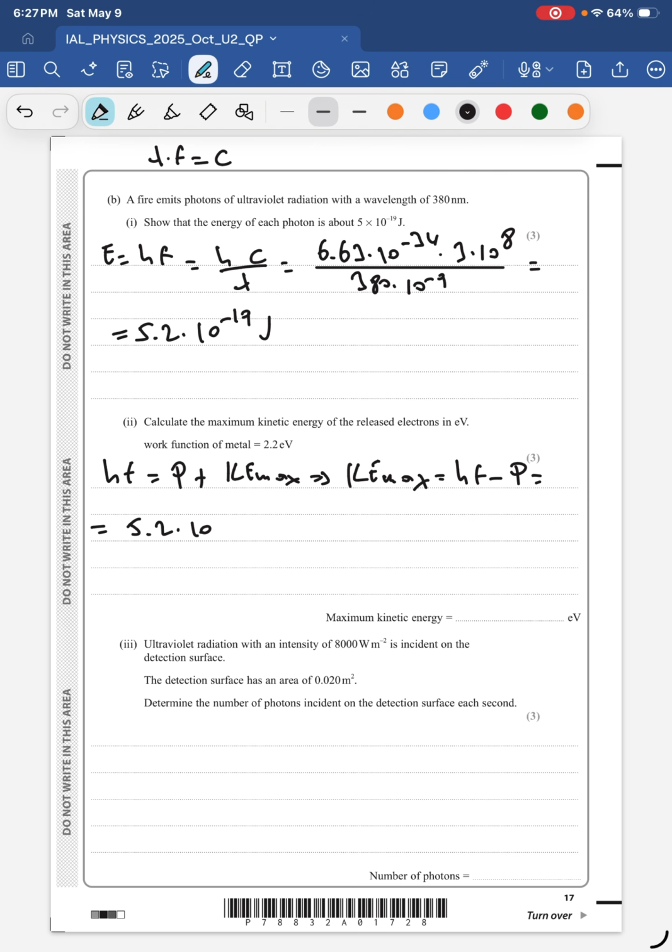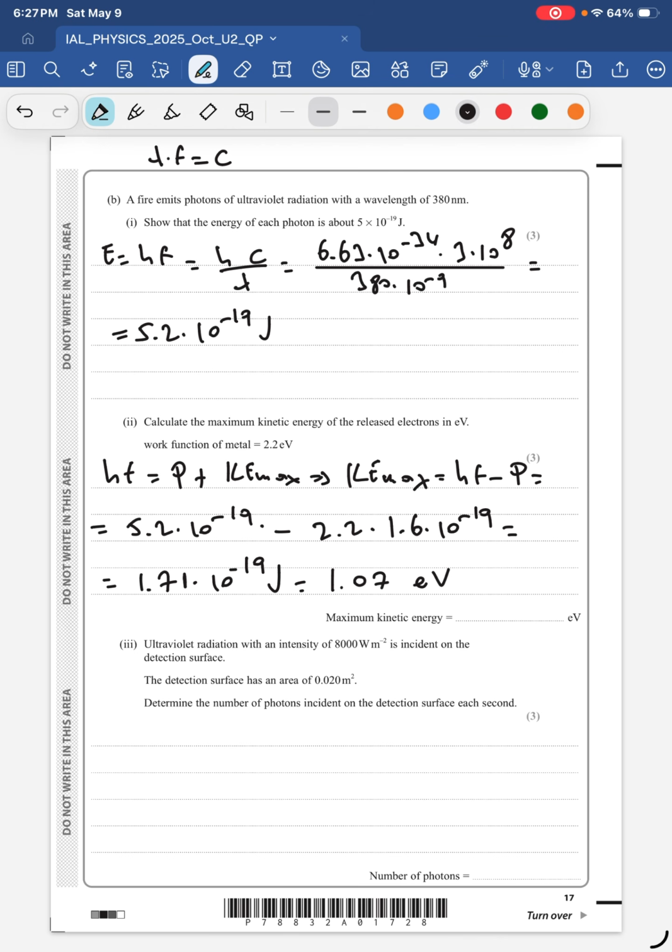So 5.2 times 10 to the negative 19, minus 2.2, and then 1 electron volt is 1.6 times 10 to the negative 19 joules, and this yields 1.71 times 10 to the negative 19 joules. If we divide again by 1.6 times 10 to the negative 19, we will find that this is equal to 1.07 electron volts.